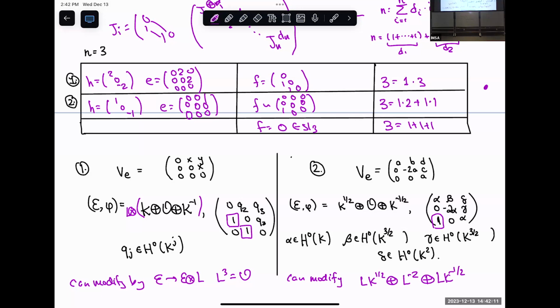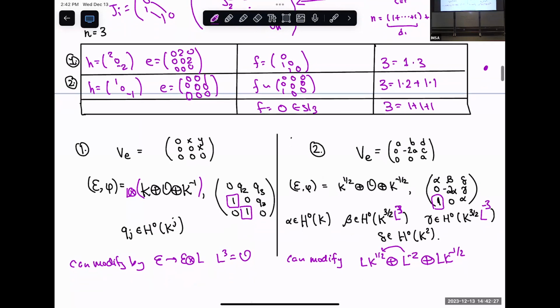Okay, and now everything is the same except for now beta, which is a map from here to here, is a section of L cubed K to the 3 halves, and gamma is a section of L minus 3 K to the 3 halves. Okay, and this degree of L doesn't have to be 0 in this case, but its absolute value is bounded if you want to consider stable Higgs bundles. Okay, and we'll see what that bound is as we go along.